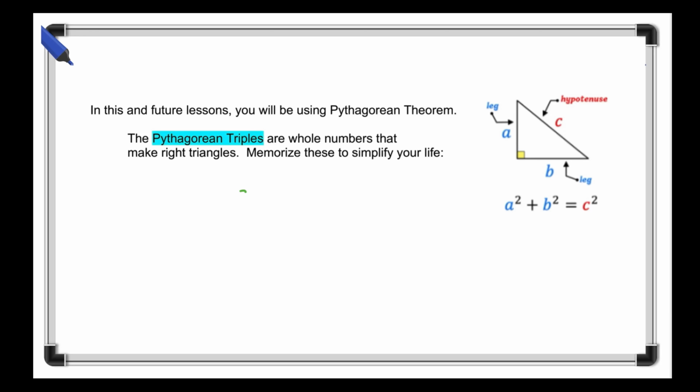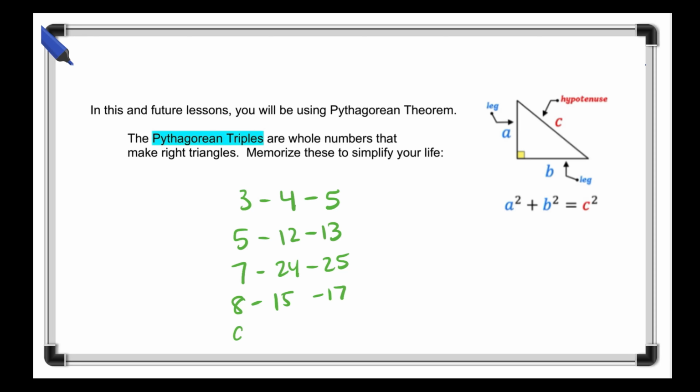Some more common ones are the 3, 4, 5 triangle, the 5, 12, 13 triangle, the 7, 24, 25 triangle, 8, 15, 17, and 9, 40, 41. Just remember these are the legs, and the last number is your hypotenuse.